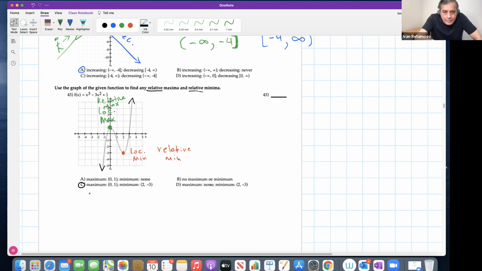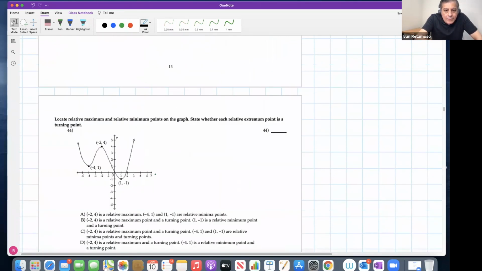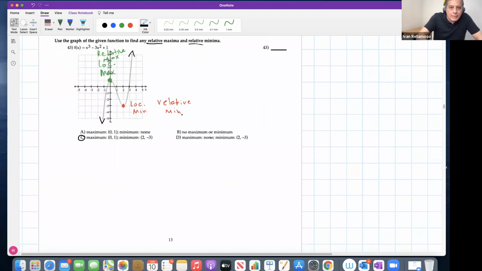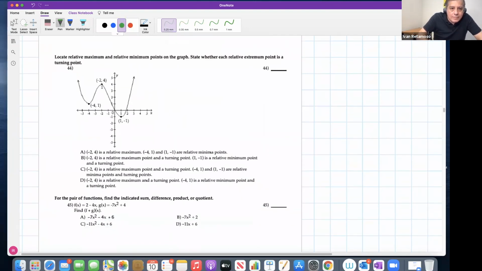So next, moving on. This one, I leave it for you. It's the same as before, let's just use the same colors we use here. Green for the local maximums. This will be a local maximum, and this will be a local minimum.